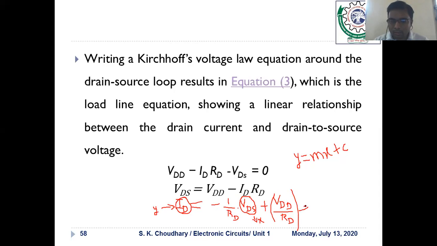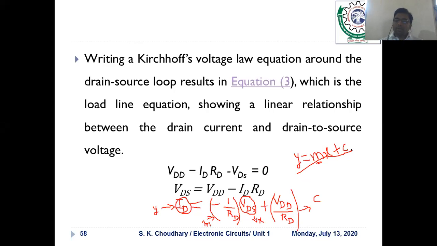And the remaining term is m. What is m here? It means the slope of the straight line. This minus 1 upon RD is called your slope m. So now you can easily see from this interpretation that this equation has been converted into the form y is equal to mx plus c.